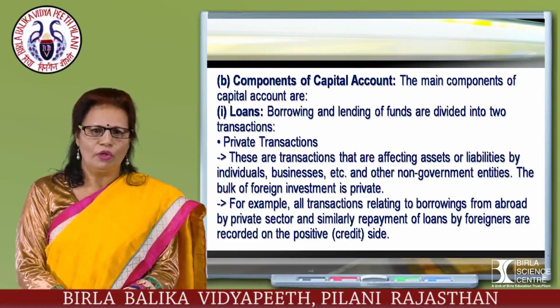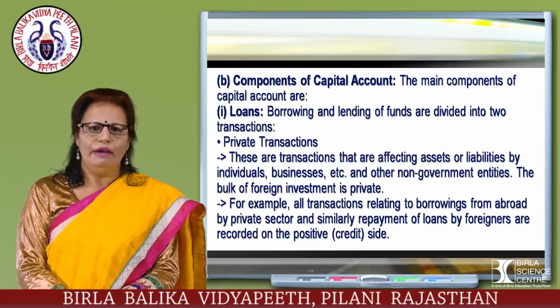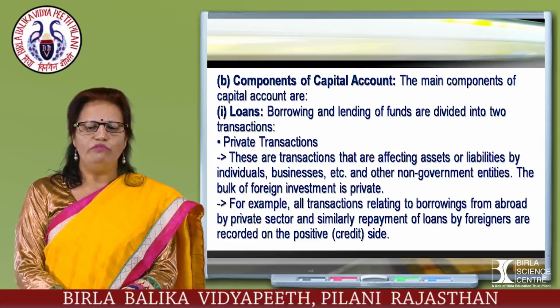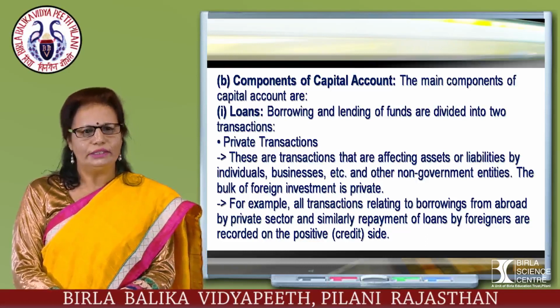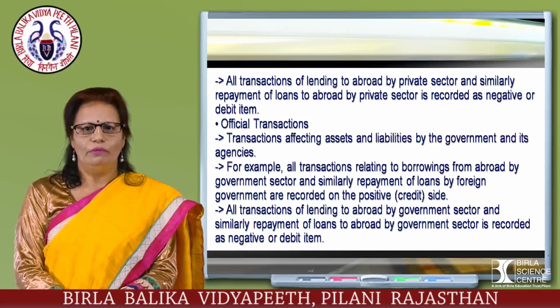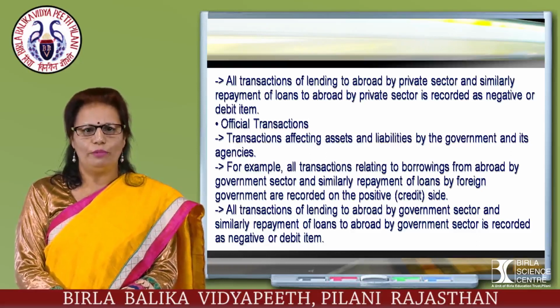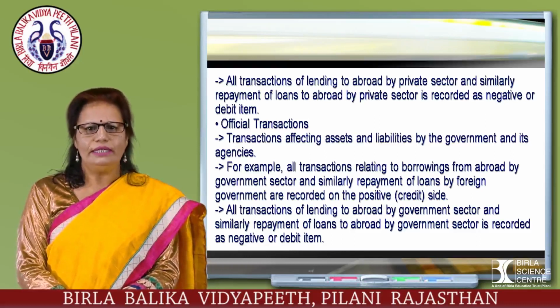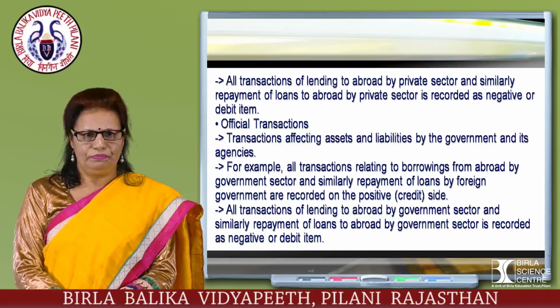For example, all transactions relating to borrowings from abroad by the private sector and similarly repayment of loans by foreigners are recorded on the positive or the credit side. All transactions of lending to abroad by the private sector and similarly repayment of loans to abroad by the private sector are recorded as negative or debit items.